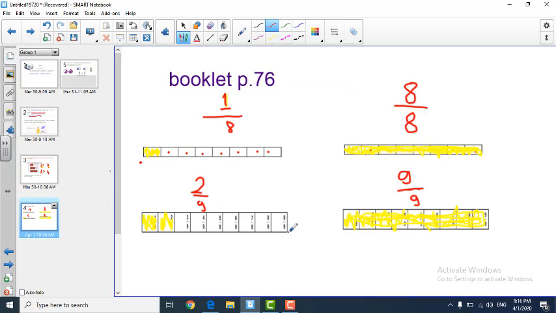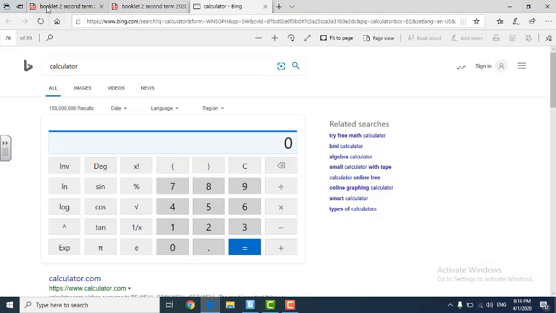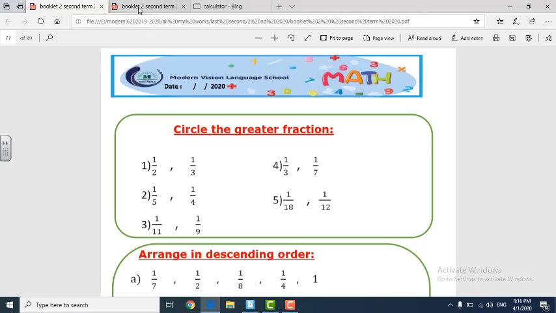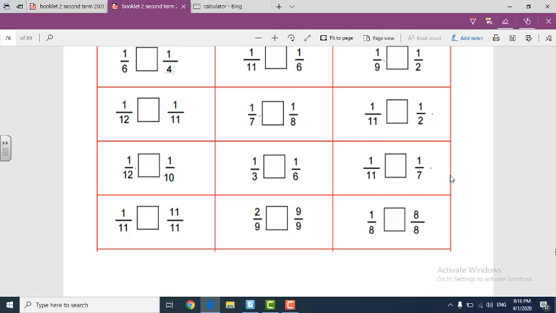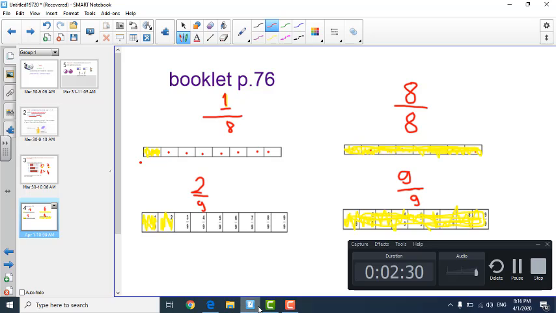Okay, booklet page 76. Here I have 8/8 and 1/8.